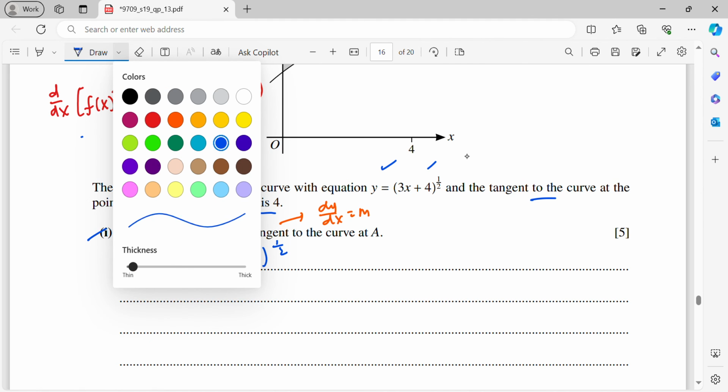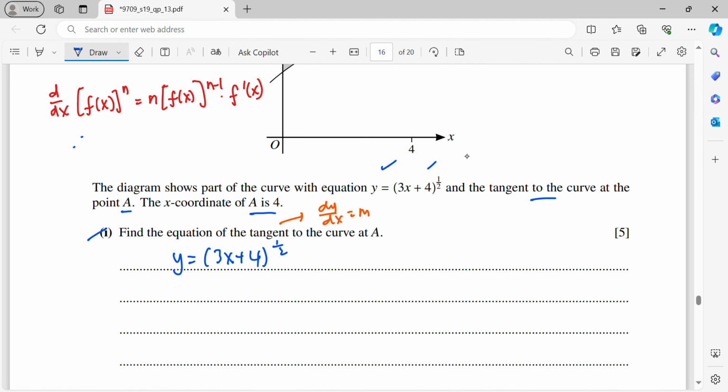So now here, dy/dx is: bring down the half, rewrite the function, the power you minus 1, so half minus 1 is negative half. Differentiate 3x plus 4 is 3. So from here, I will just say this is 3 over 2 square root of 3x plus 4.